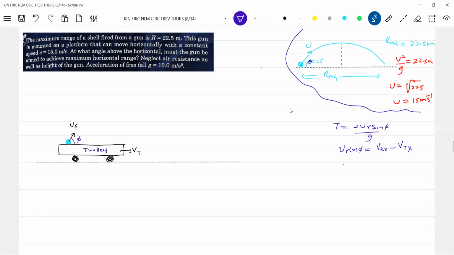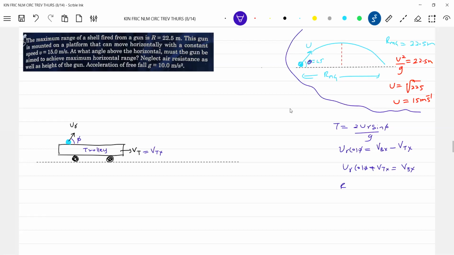Do we know UR? We don't know UR. Do we know cos phi? We don't know that also. We know only the velocity of trolley. So I'll write Vtx equal to Vbx.